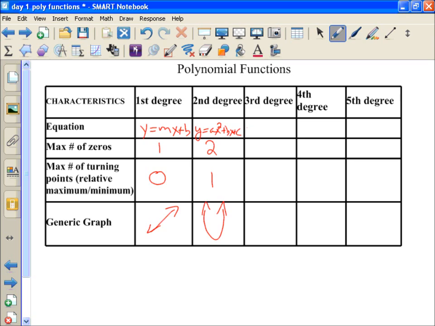The third degree equation is going to be y equals x cubed plus a whole bunch of stuff. And the graph is going to look kind of like this. If we draw in an axis, we can see that this can have 3 zeros and 2 turning points.